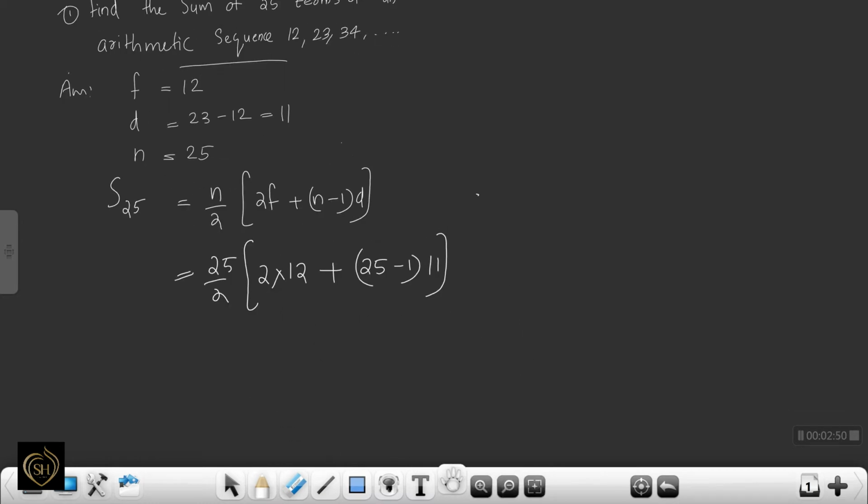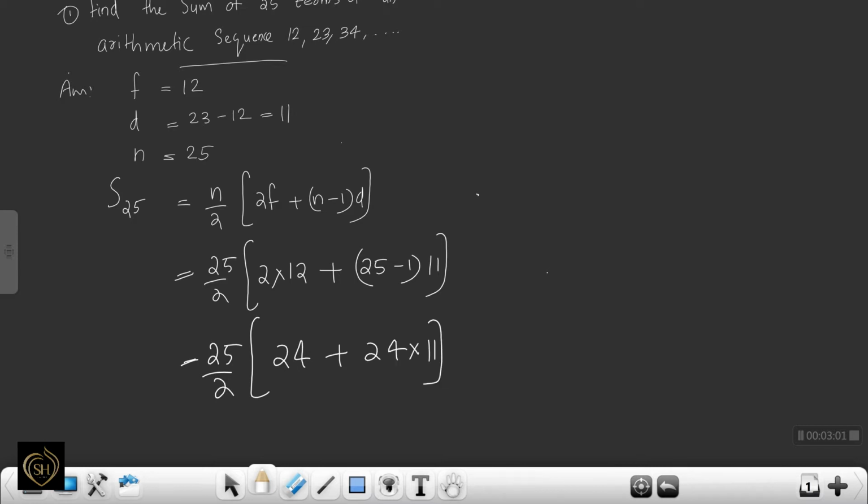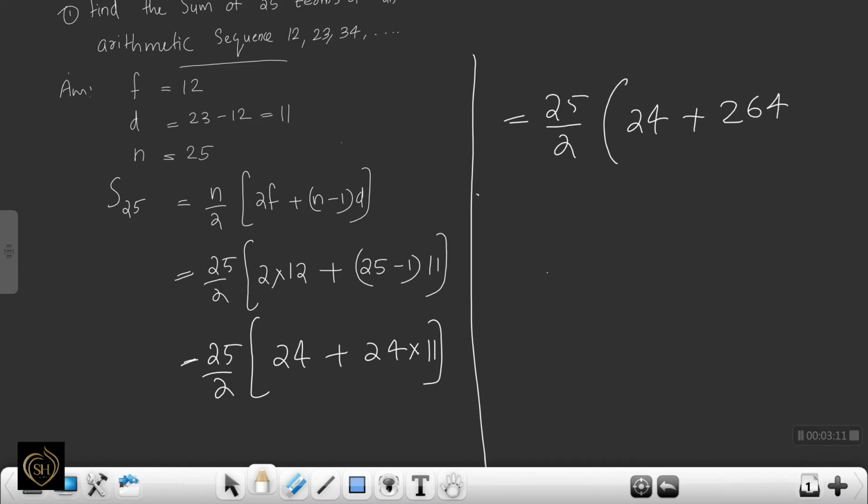This is equal to 25 by 2 into 2 into 12, 24, plus 24 into 11. This is equal to 25 by 2 into 24 plus 264. So this is equal to 25 by 2 into 288.